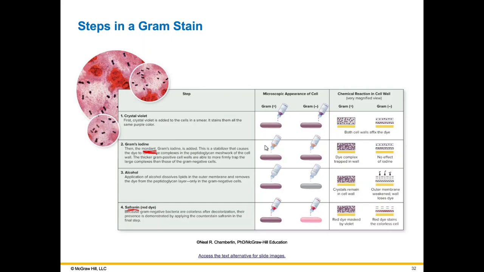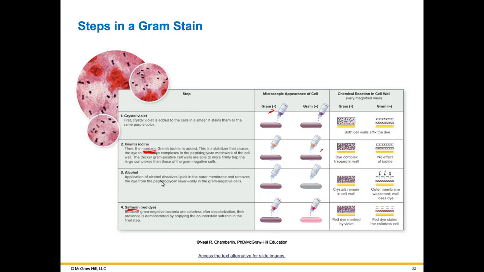So if we have a gram-positive bacteria or a gram-negative bacteria, that crystal violet is going to interact with the peptidoglycan and turn the cells purple. The iodine will help the crystal violet stick better to the cells, but remember that our gram-positive organisms have a thick layer of peptidoglycan, so they can hold in a lot more crystal violet and it sticks to them better than it does our gram-negative counterparts.